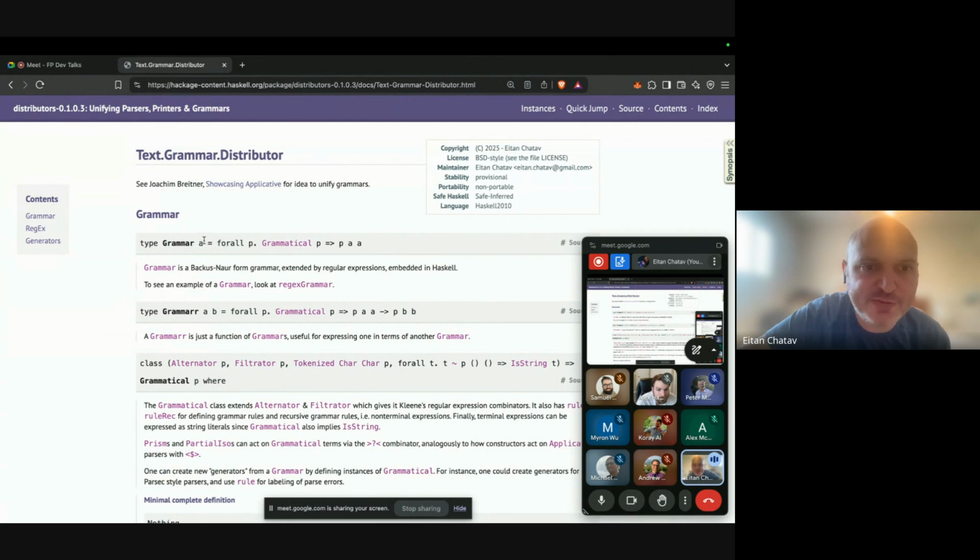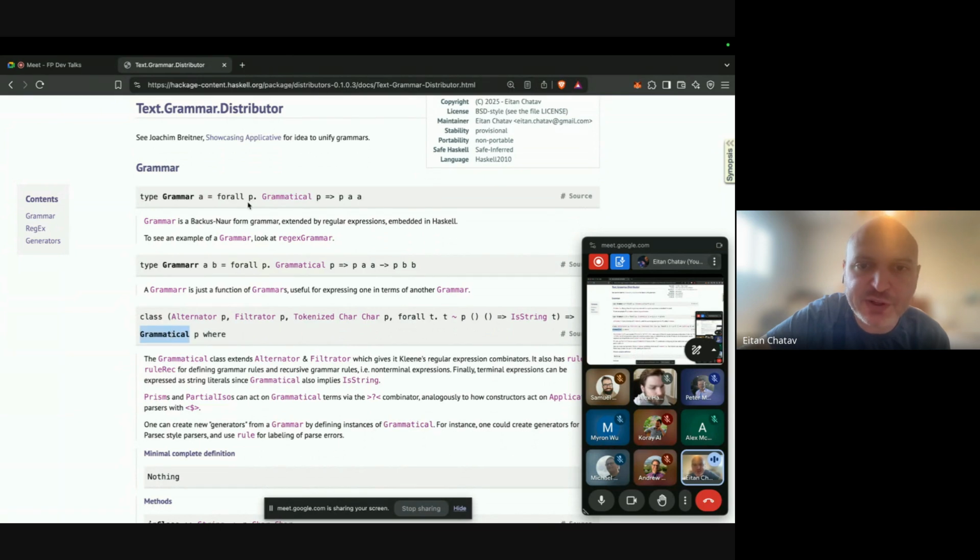All right, so we have now this grammar type. Type Grammar is forall p, Grammatical p => p a a, and Grammatical we'll define in a second, so just keep that in your head. And I define this Grammar, which you can pronounce like a pirate, and it's just a function of grammars, but we kind of have to define it separately because if we said a grammar A to a grammar B, then it wouldn't know that these p's are the same.